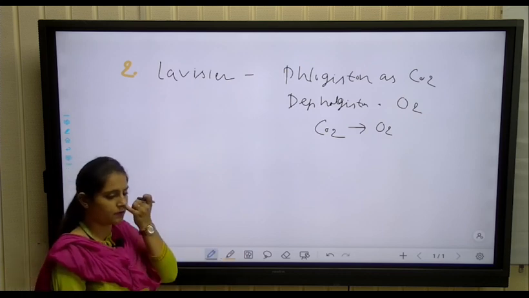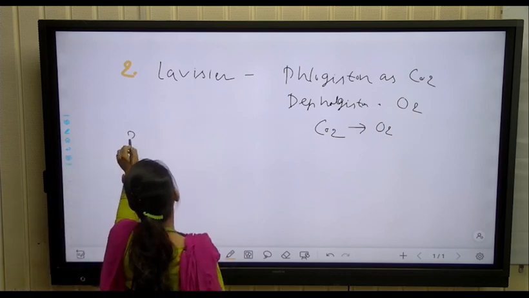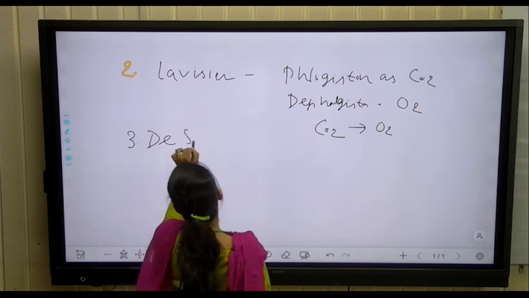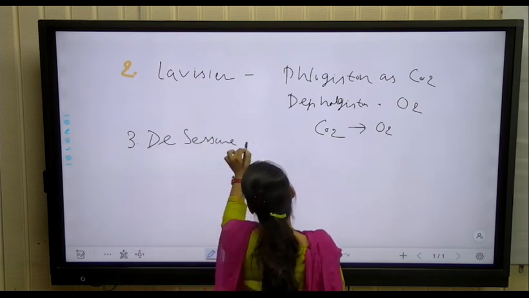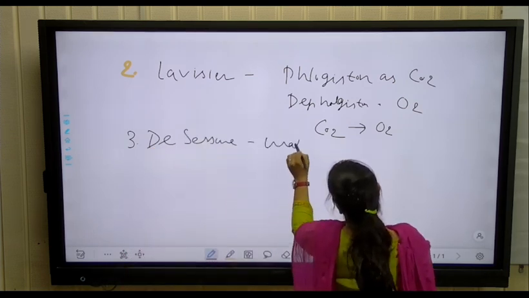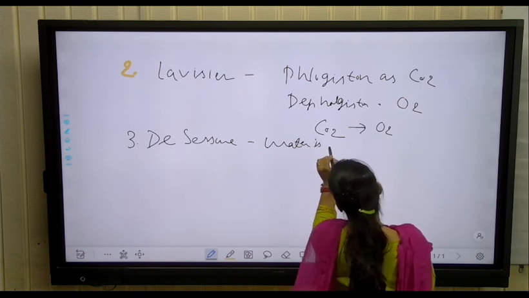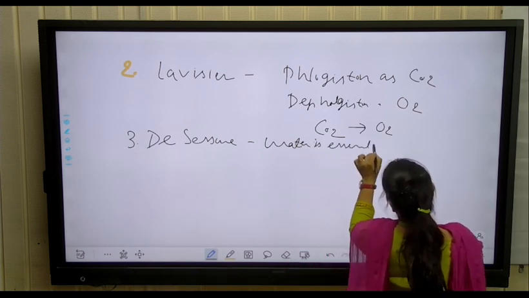Then the next was De Saussure, who proved that water is essential for photosynthesis.